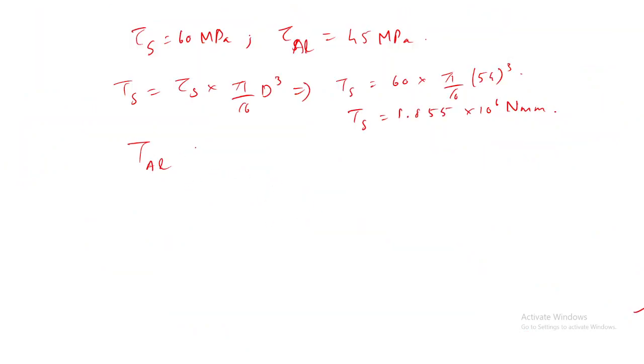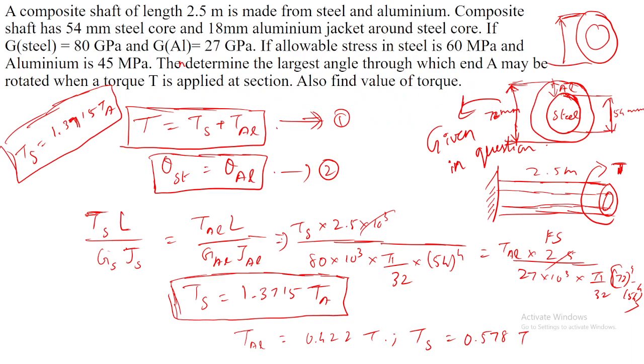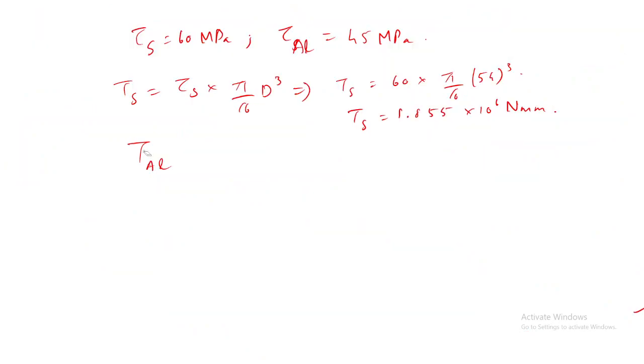So what is the value of T? 0.578 of T equals Ts, which is 1.855 into 10 to the power of 6. From this I will be getting the total value of T, which is 3.209 into 10 to the power of 6 Newton mm.